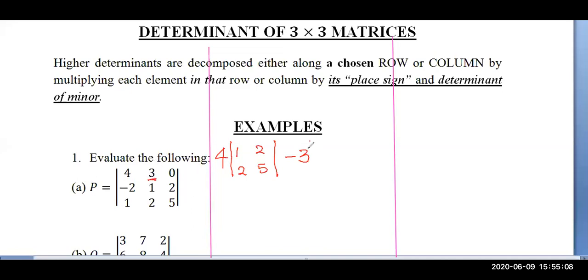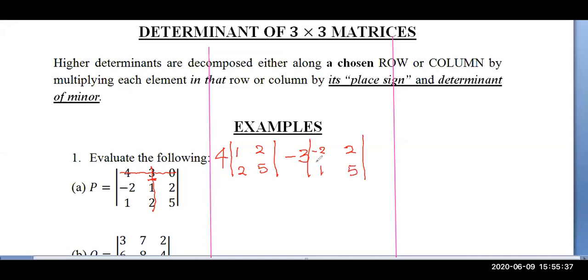If I neglect the row and column of 3, what is left for me is minus 2, 2, 1, and 5. So I'm going to write minus 2, 2, 1, and 5. I close the bracket.